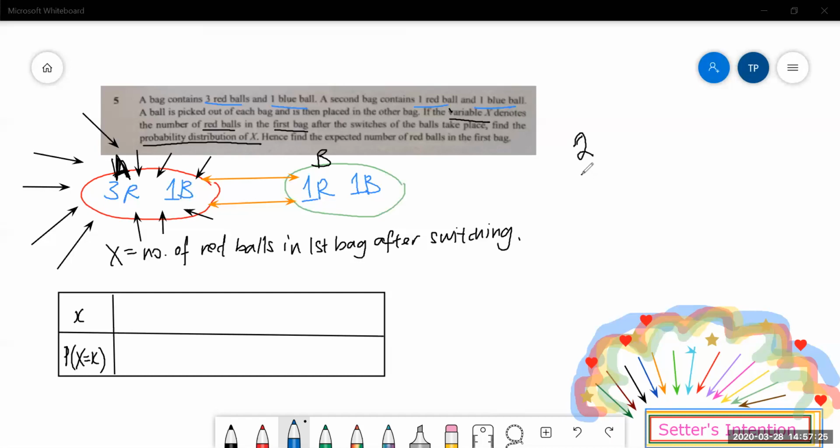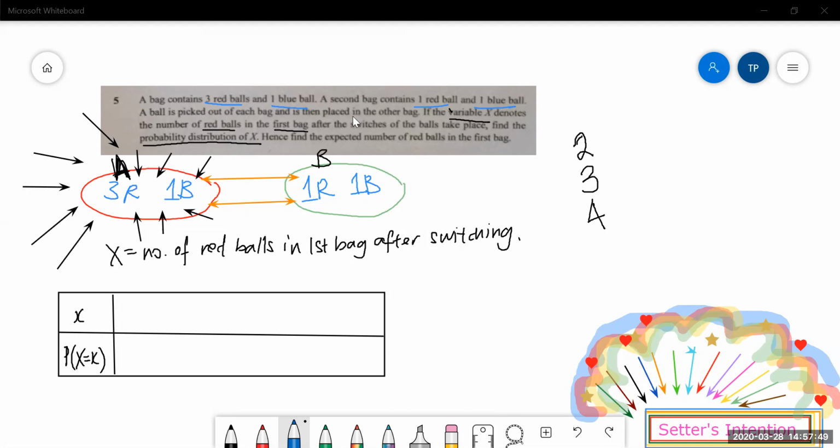It can be 3 because I might not have taken out any red. It can be 4 because one of the reds from bag B can come into bag A. Make sense?